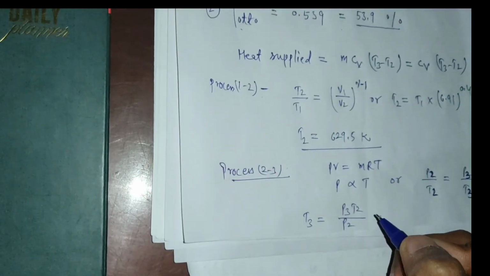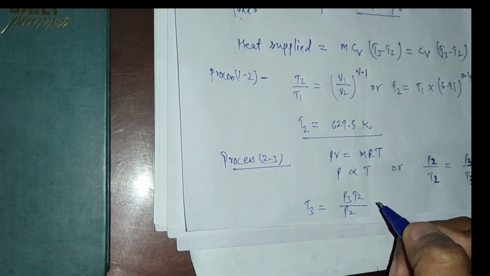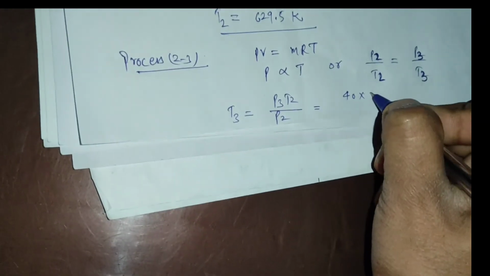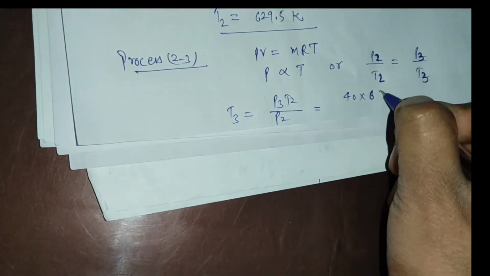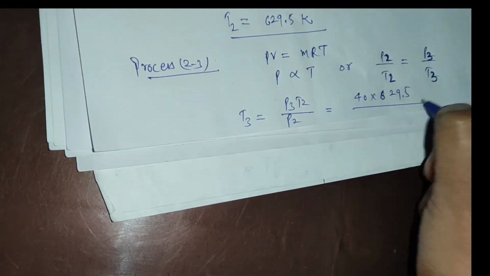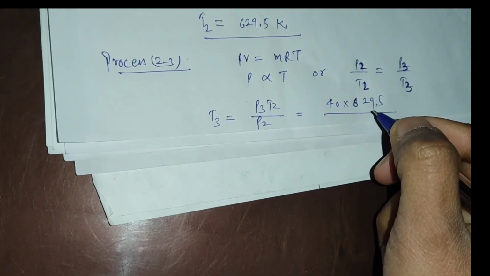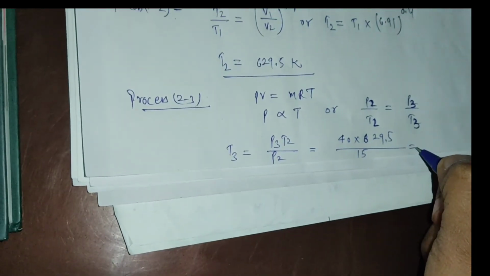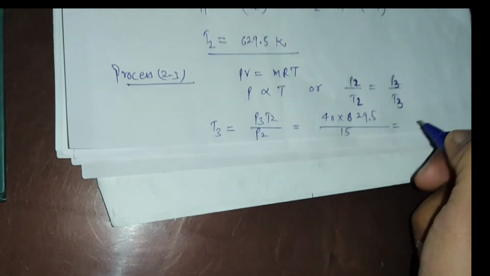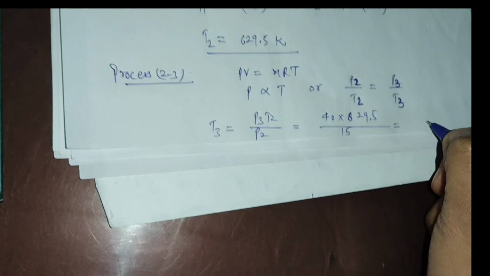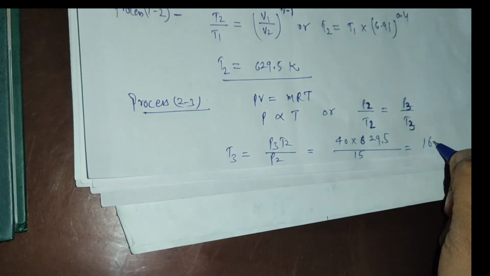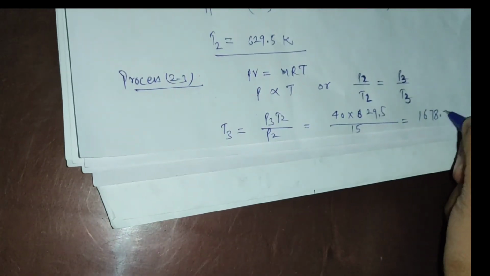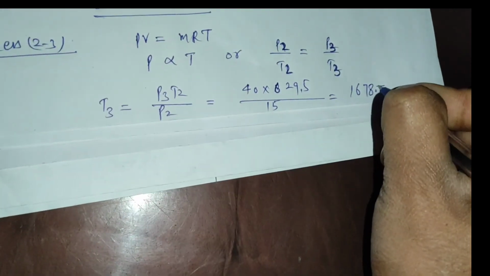P3 is given in the question, which is 40 bar, and T2 is 629.5, upon P2. P2 is 15 bar. So this will be equal to 1678.7 Kelvin.